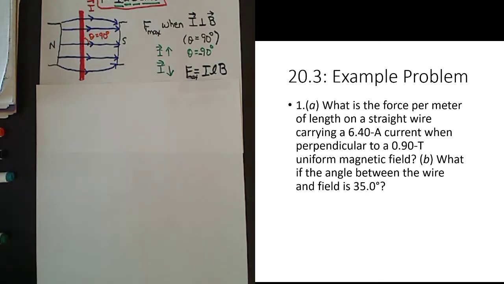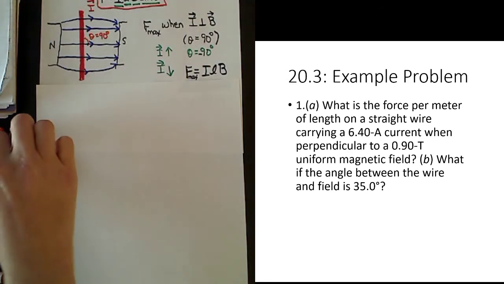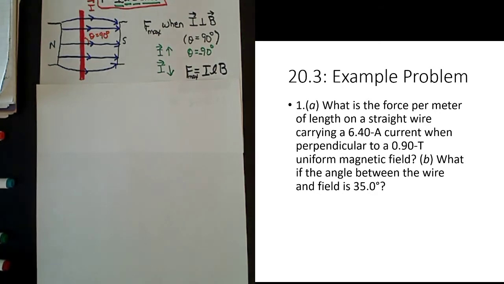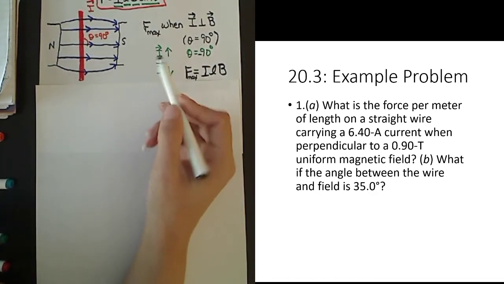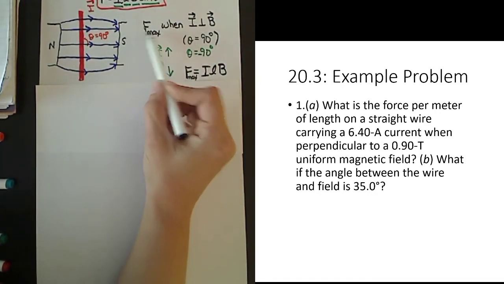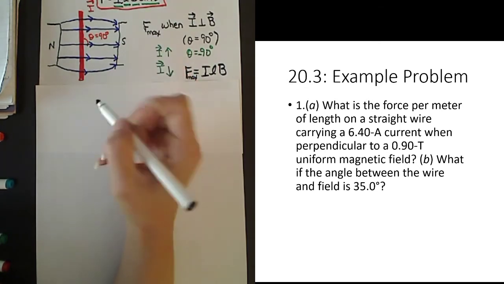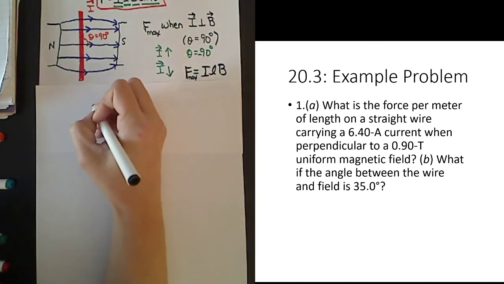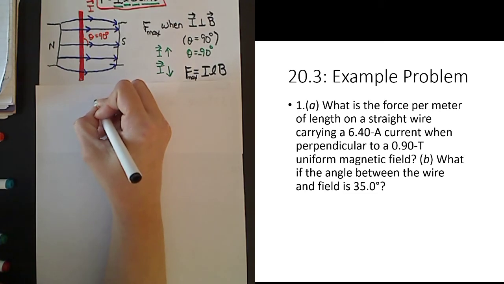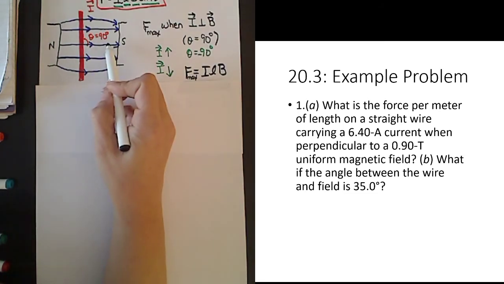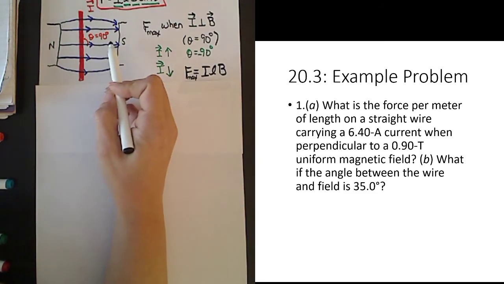So, first of all, we have the situation where the force is going to be a maximum. And so that theta is going to be equal to 90 degrees, so sine theta is going to be 1.